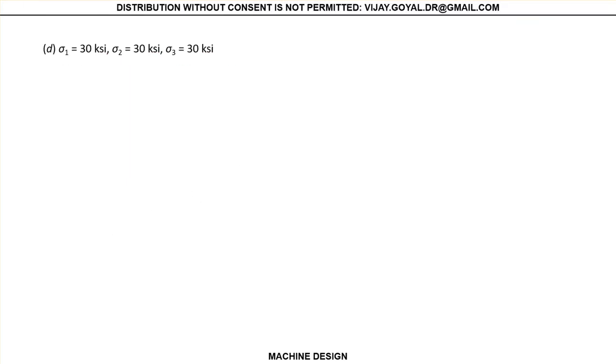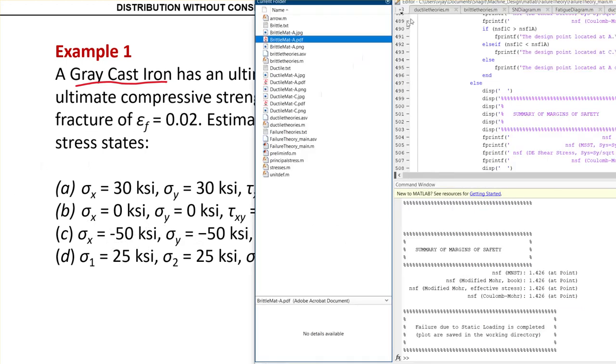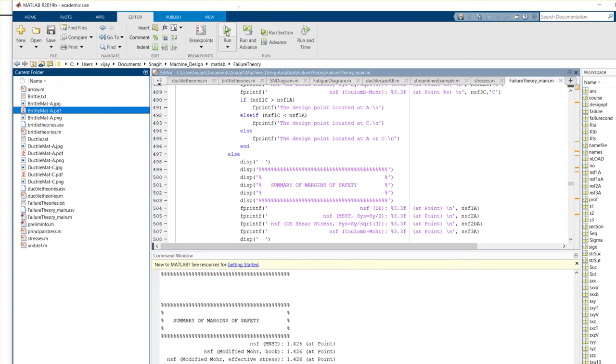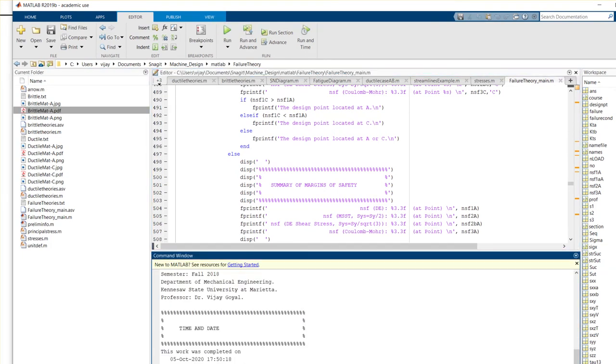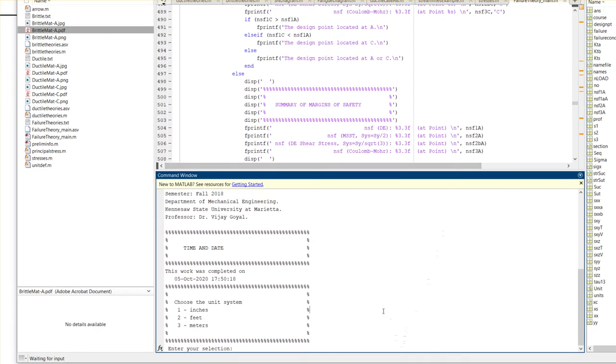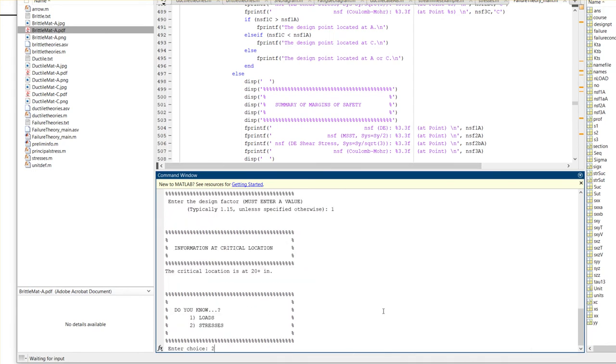The last 2 cases I would like to do are the minus 50, 50, 50. So I have 2 more cases. Let's run those cases. So what happens? Let's run this again. This is inches, KSI, 1, stresses.